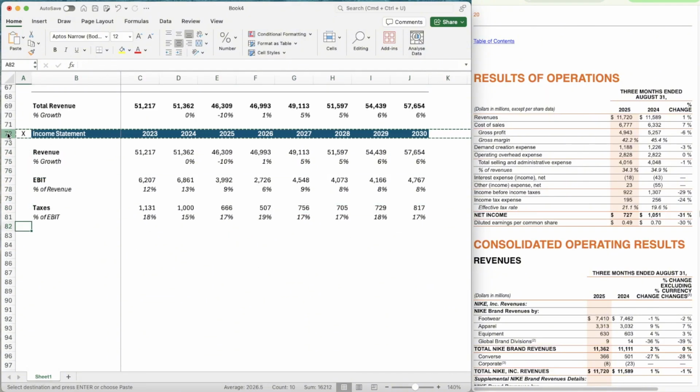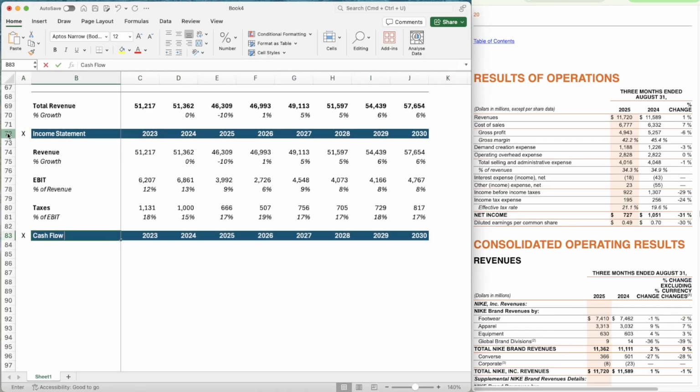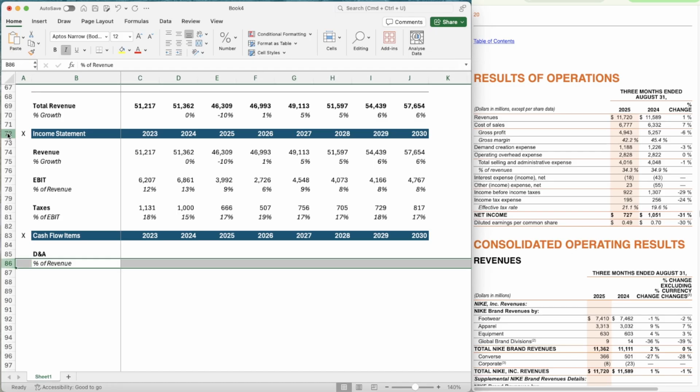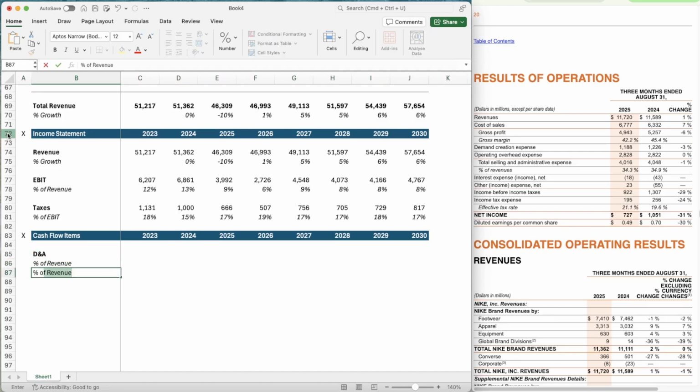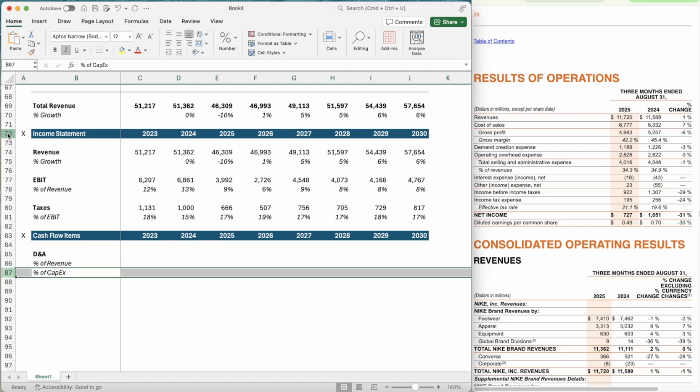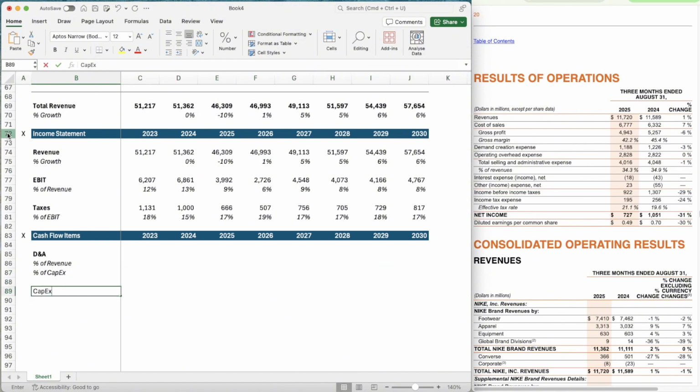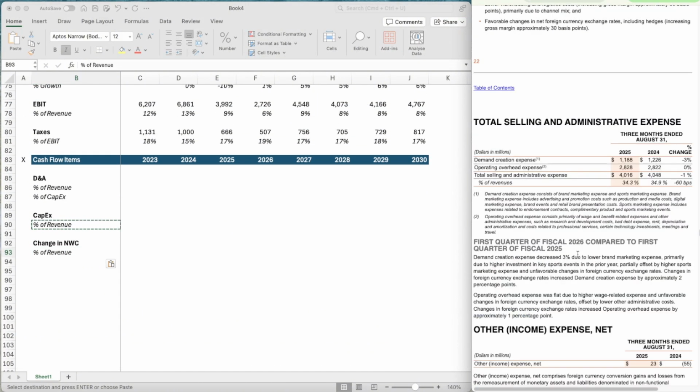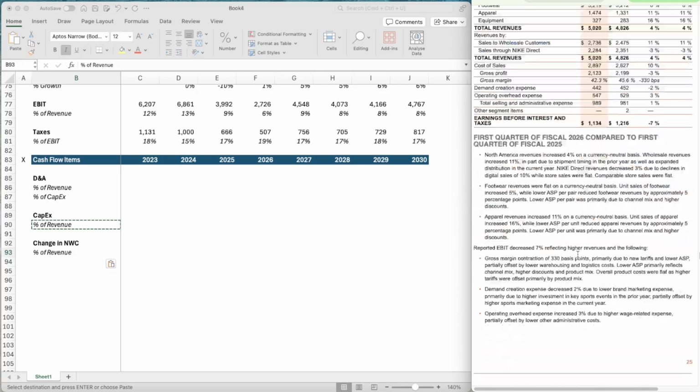Now the next section are the cash flow items. These are depreciation and amortization, which I want to know as a percentage of revenue, and percentage of CapEx. Then we want the change in net working capital, change in NWC, and we also want to know what that is as a percentage of revenue. We need the full financial statements.